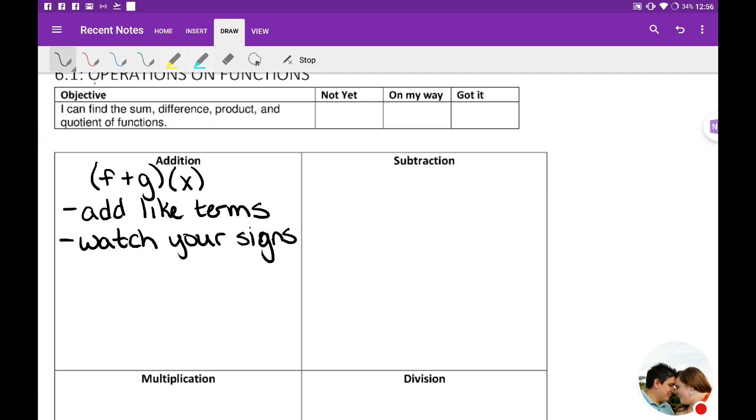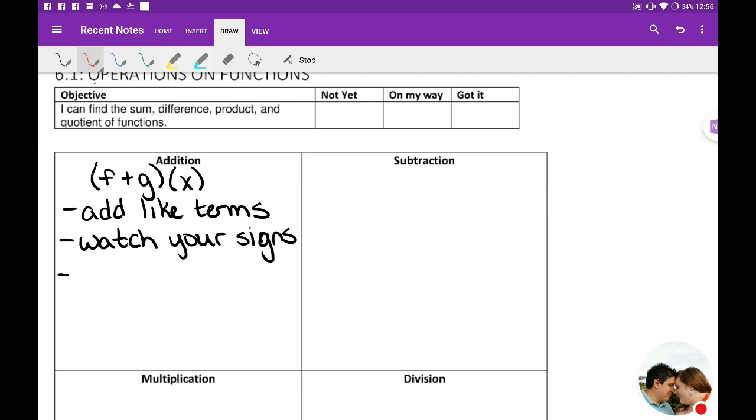Just a reminder, I know that this is something that you guys have covered, and the majority of you guys do really well with exponents, but I still have some people that confuse when they're supposed to add the exponents together and when they're not supposed to add the exponents together. When we are adding two terms together, the exponents never get added together.